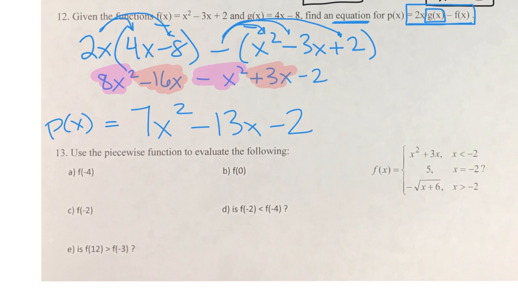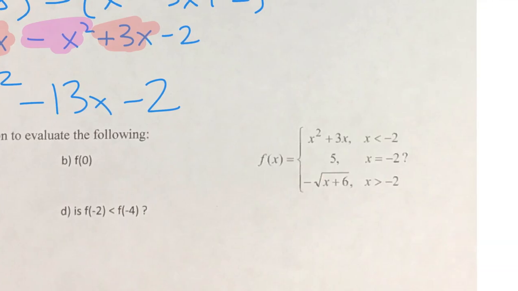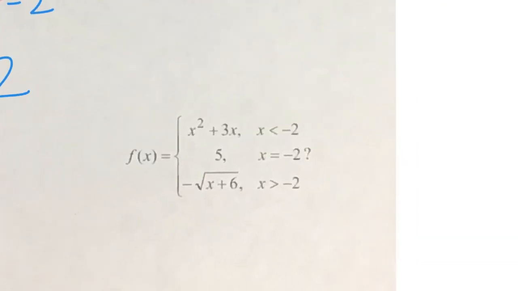All right, and lastly, we have a piecewise function. So we want to evaluate f of negative 4. The first question is, when x equals negative 4, which of our three constraints do we use? Okay, that question goes to the entire thing, not just to that problem. So negative 4 is here.